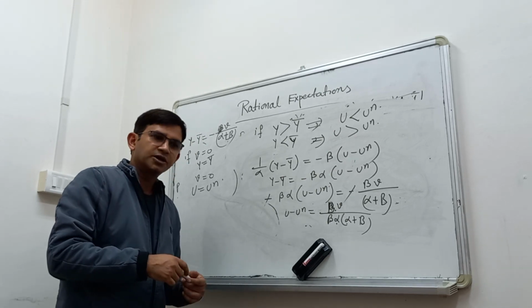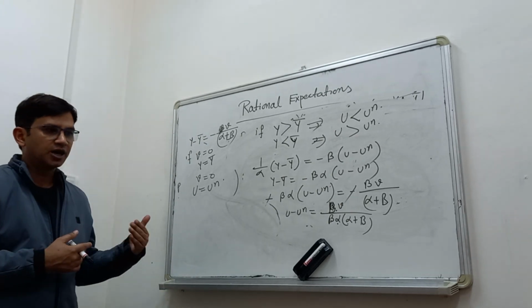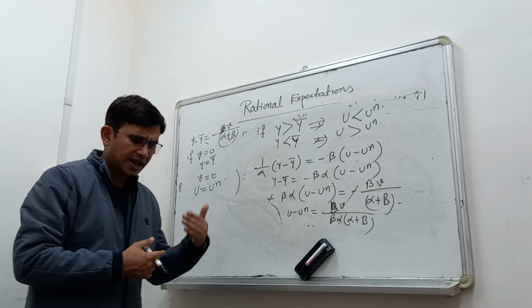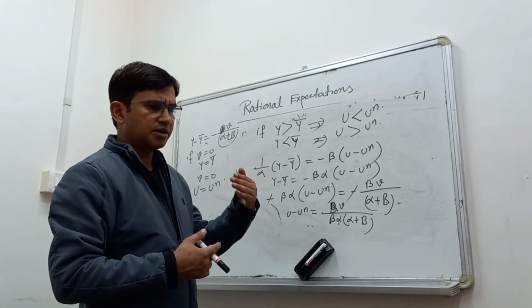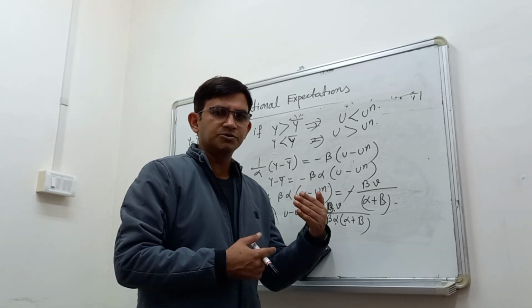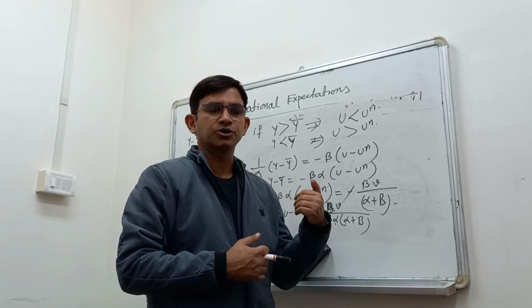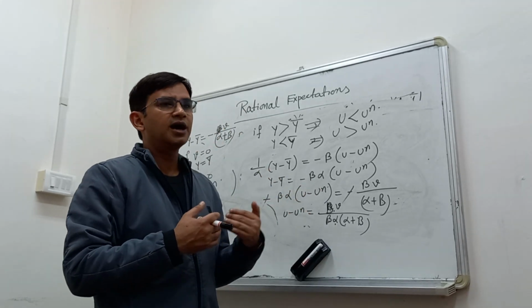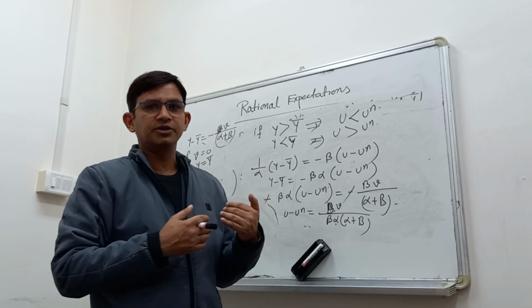Now if we consider supply shocks, which are mainly random in nature and have a mean of zero, that means sometimes there is a positive supply shock, sometimes a negative supply shock. So we can easily relate this to the business cycle activities of the economy.